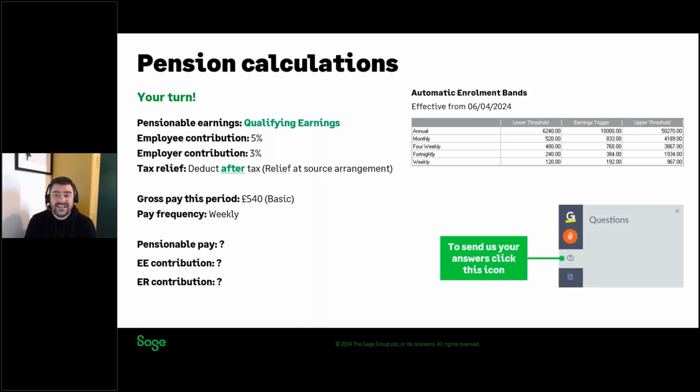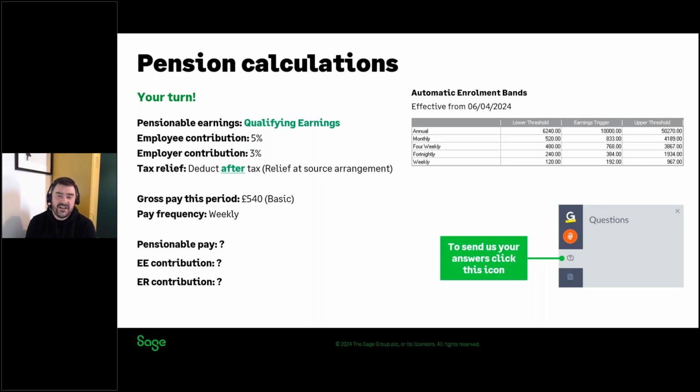So this is a scheme that uses qualifying earnings for pensionable pay. Now I've stuck with the minimum contributions. Employee is contributing 5% and the employer is putting in 3%. But this one is deducted after tax. It's a relief at source arrangement. So a calculation I want you to do is gross pay of £540, and all of that is basic pay, and the pay frequency is weekly.